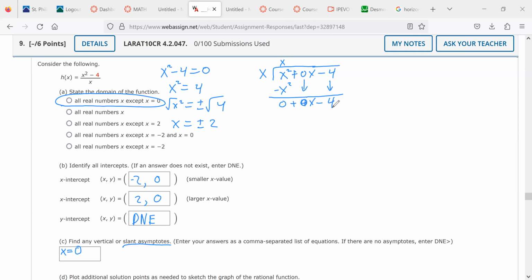X can go into that. The oblique will be y equal to x, I believe. Let me double check.